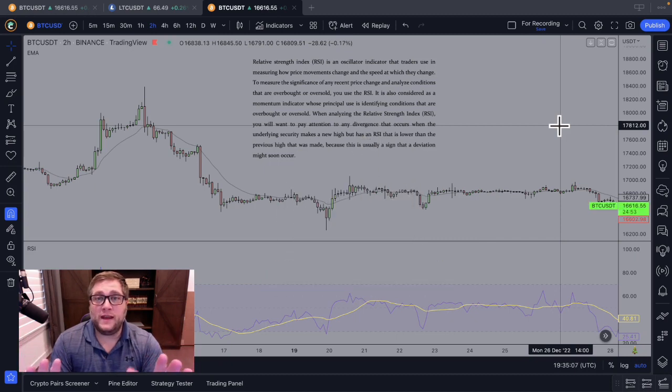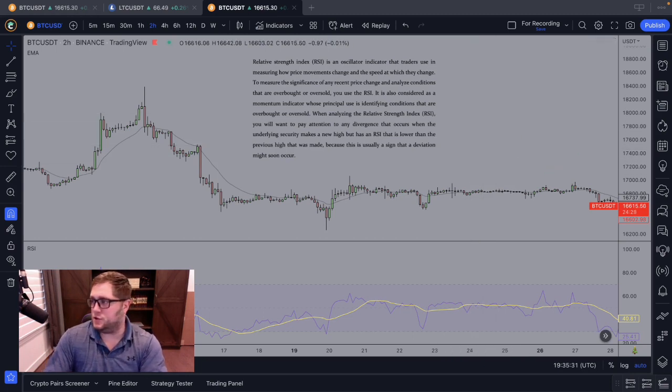Since it is a momentum indicator, it will lead most of the time. So that's when we want to catch those movements, when the momentum of the RSI changes. And that's why we have to pay attention to movement, divergences, and key support and resistance levels in the RSI.